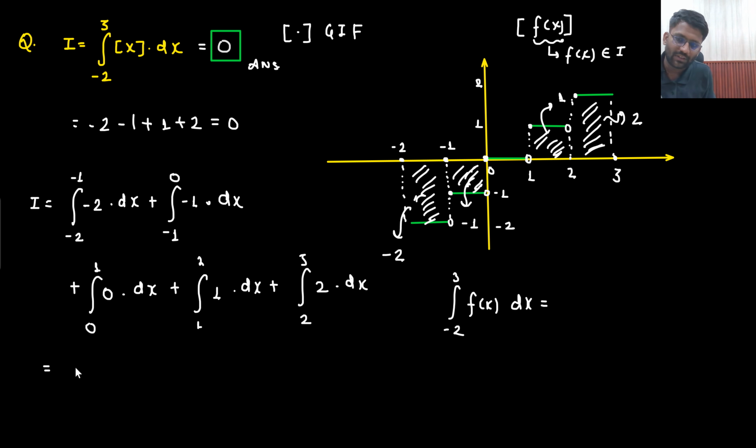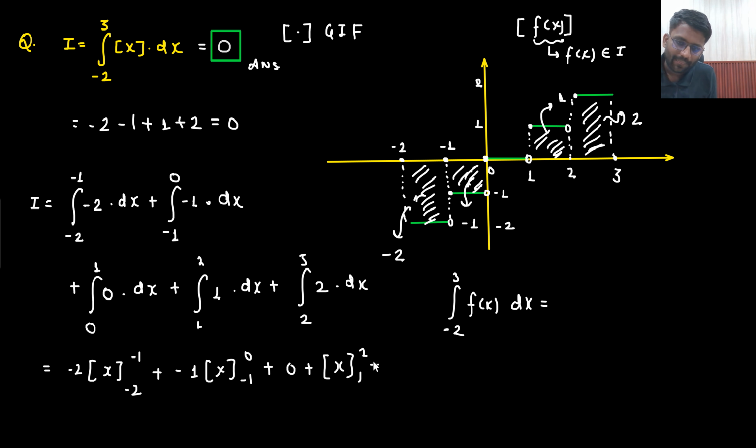So first I will take minus 2 outside, then integration of dx would be x only, limit going from -2 to -1. Then -1 outside, integration of dx is x, limit from -1 to 0. Then plus 0, then 1 outside, x from 1 to 2. Then plus 2 outside, x from 2 to 3.